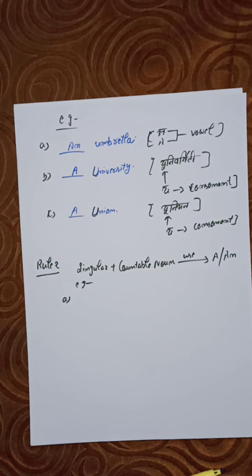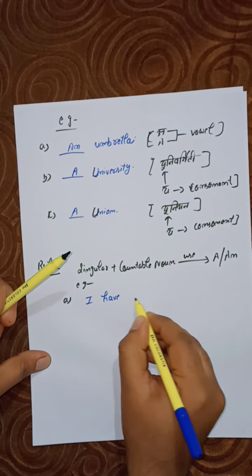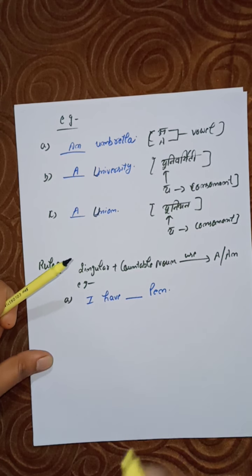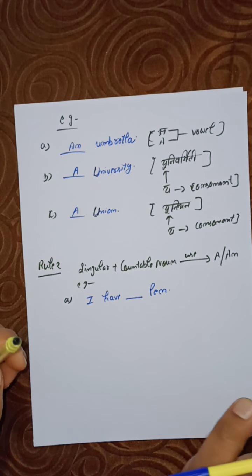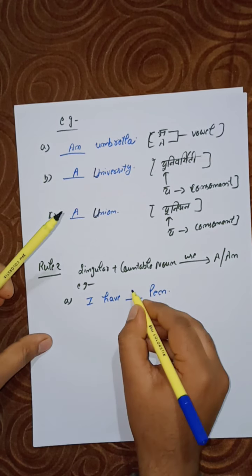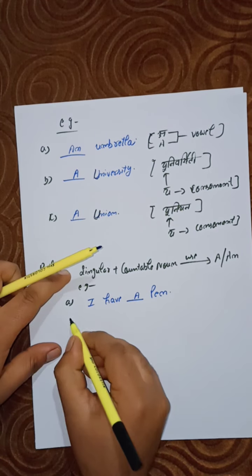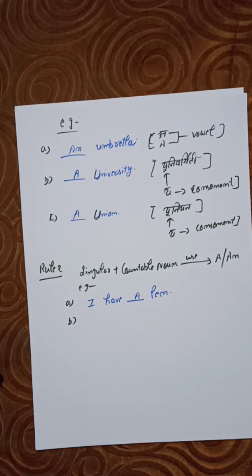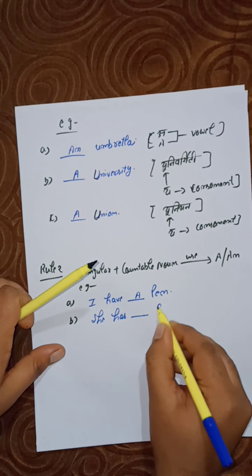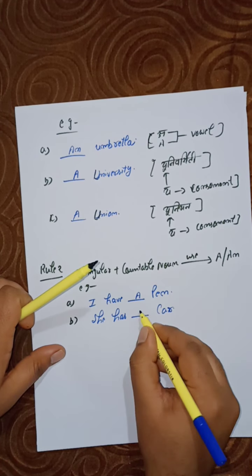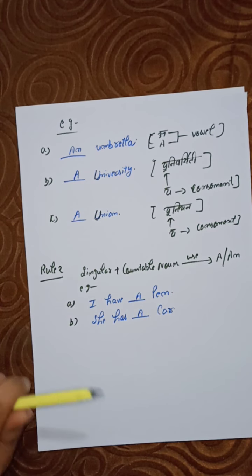Example A: I have dash pen. Pa is a consonant, so we use a here. Second one: she has dash car. She has a car.